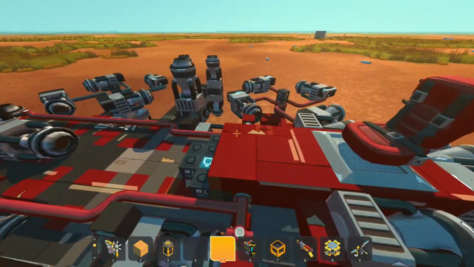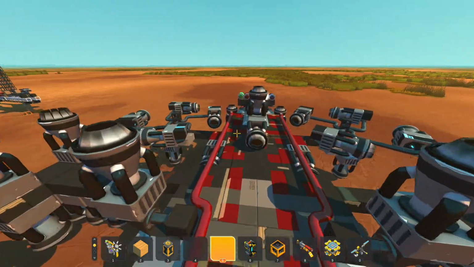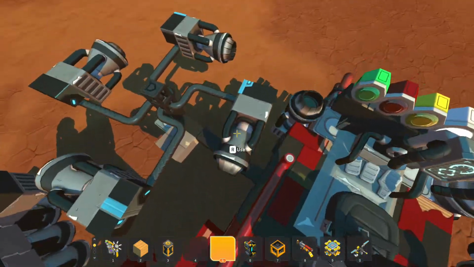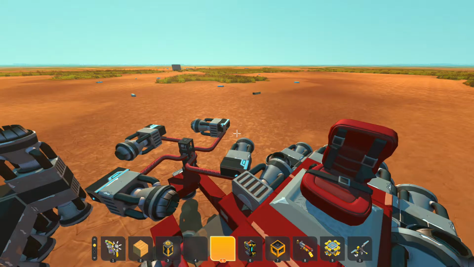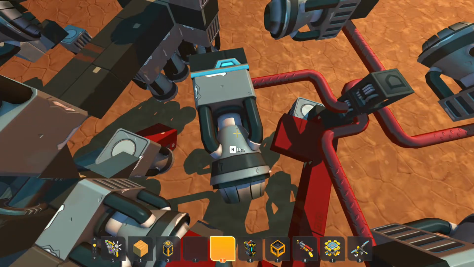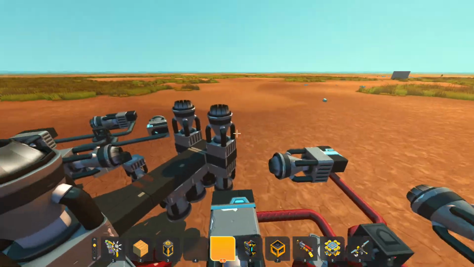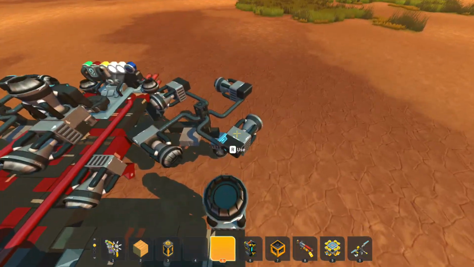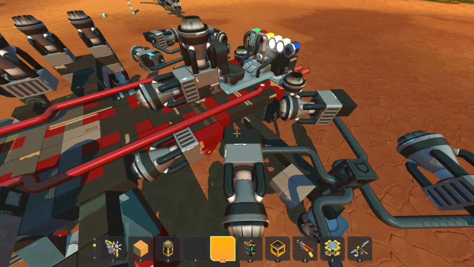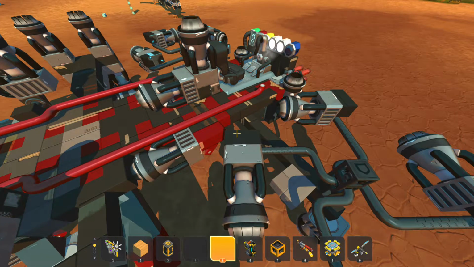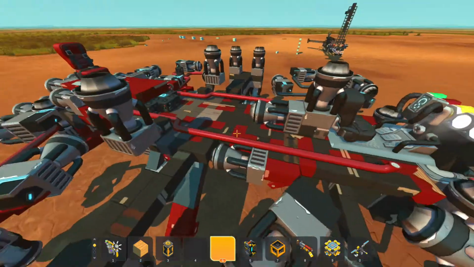You may have noticed that aircraft like this and my battleship, gunship, all use these thrusters. These are the thrusters from before that big update. The reason why I use these is because these have a better thrust to weight ratio.